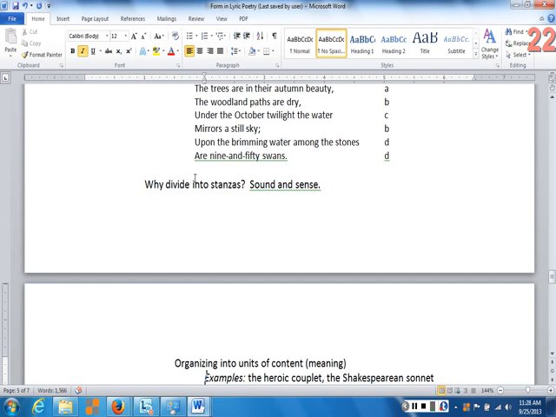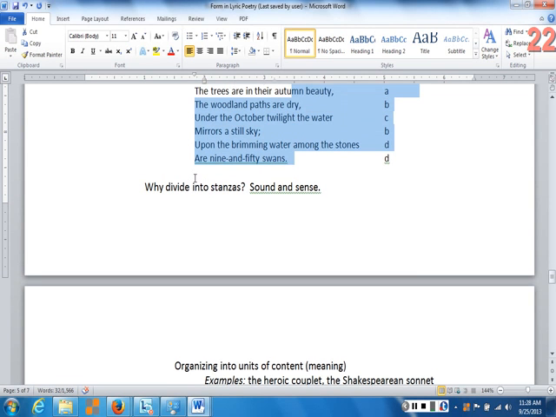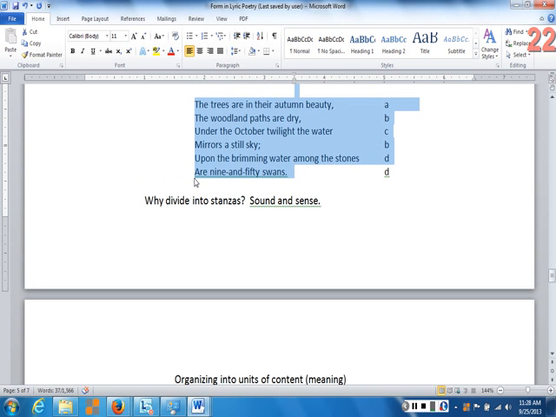And also each stanza has the same rhyme pattern, not necessarily the same rhyme sounds, but the same rhyme pattern.